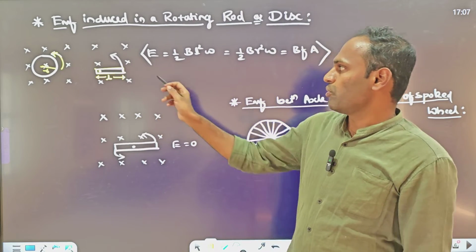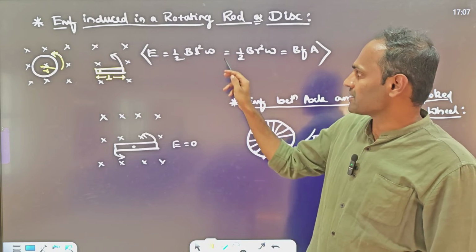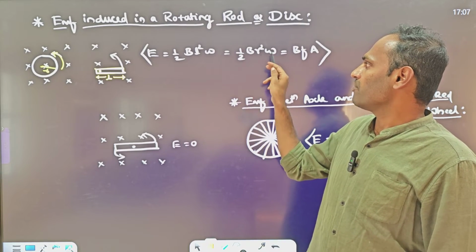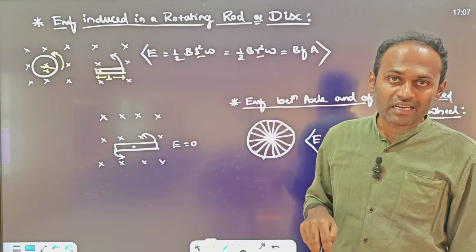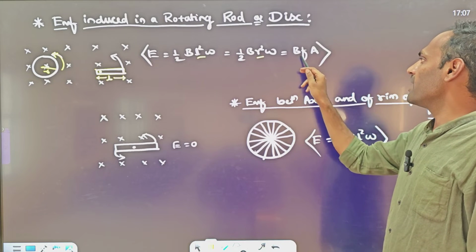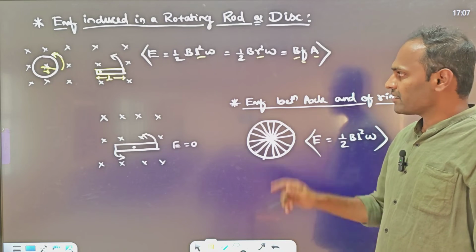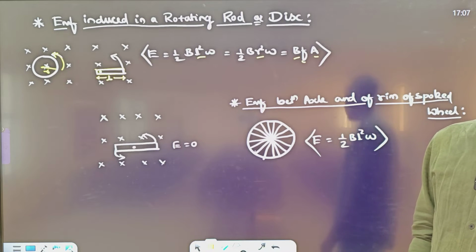So in both these cases, induced EMF will be half B L squared omega, where omega is angular frequency, or half B R squared omega. L means length of the rod, R means radius of that disc. Half B L squared omega or half B R squared omega, or B into F into A. Right? These are the formulas for calculating induced EMF in a rotating disc and rotating rod.